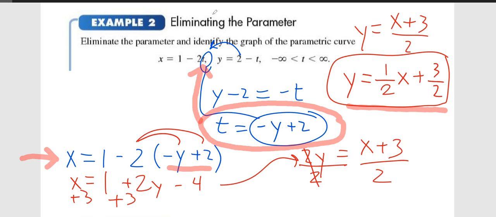Okay, so that's all you're doing when you're eliminating the parameter. You solve one equation for t.